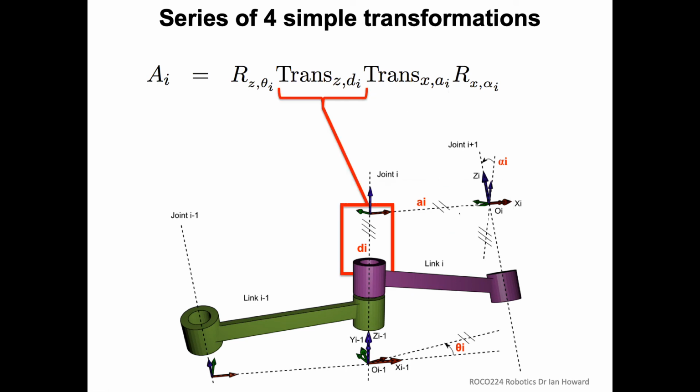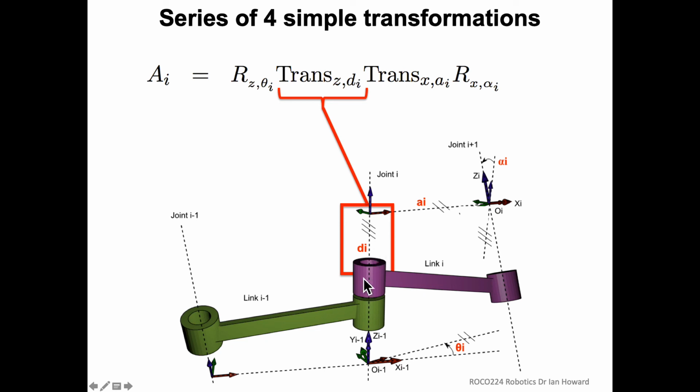Then we're going to do the offset now. The fact that this could be up and down in comparison to where we were in the other one, along the z-axis. So we move up and down the z-axis by this amount d for this particular joint.